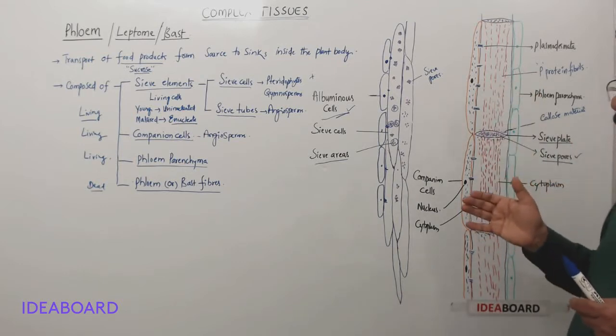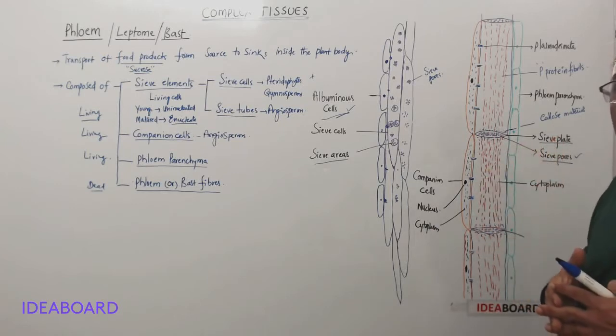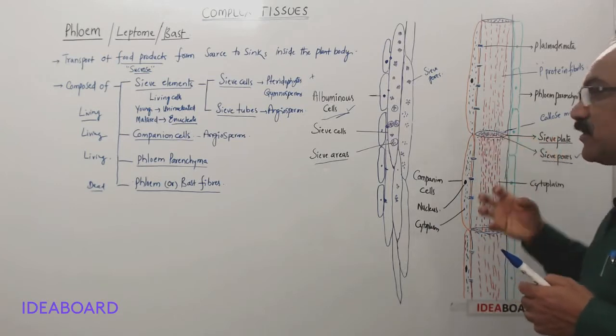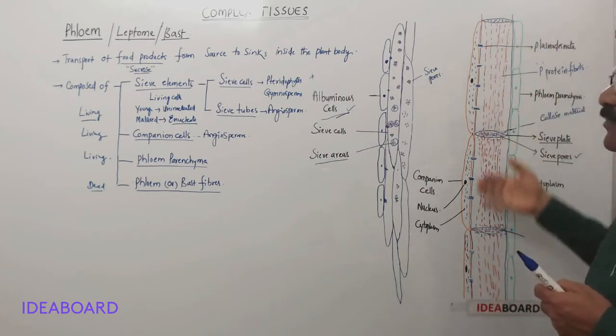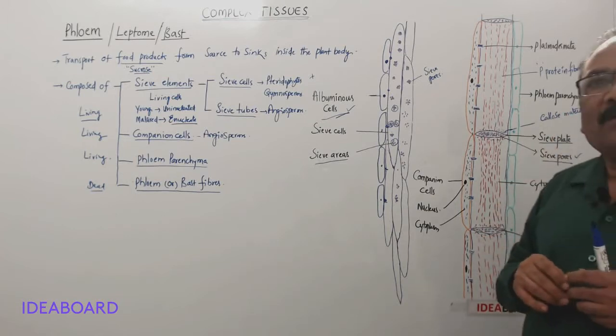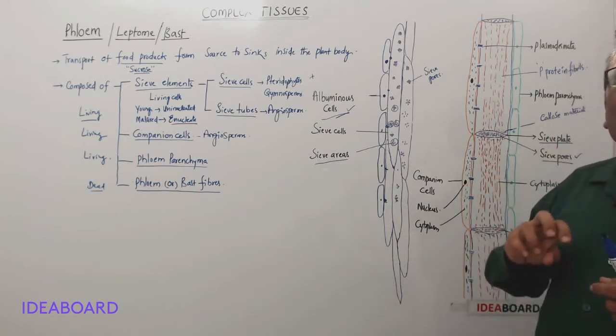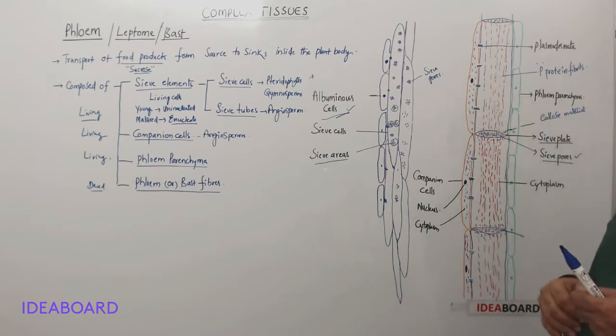During other seasons, this callose will dissolve, as a result of which the pores will open, and that's why the transport will take place. So like that, the callose material is regulating the movement of the food materials through these sieve tubes.